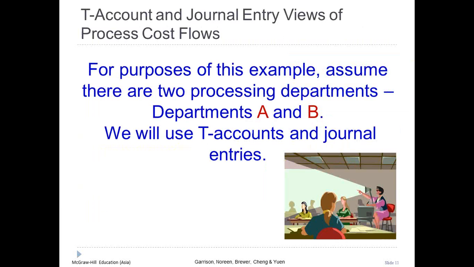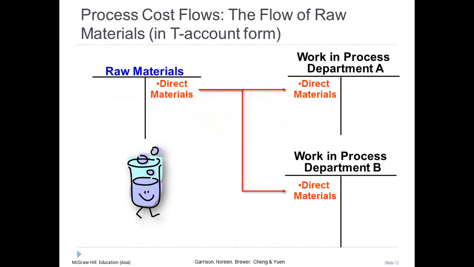So let's look at the flow of process costs through the T accounts and related journal entries for a manufacturing company that has two departments, Department A and Department B. Direct materials can be requisitioned for use in both Department A and Department B. These direct materials are likely to be different in nature.